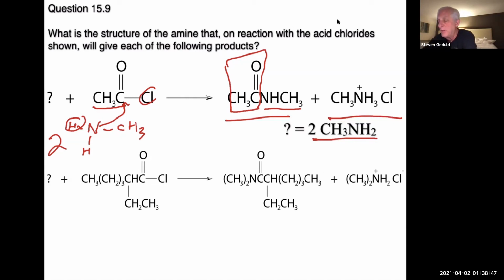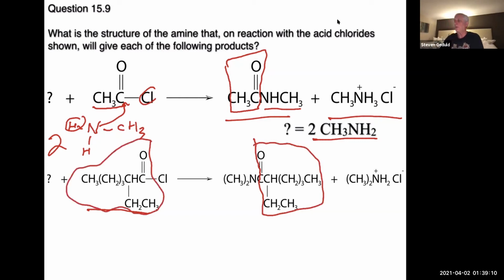Look at the second one. This is our acid chloride, CH3, CH2, CH2. Here's your acid chloride right there, that's this group right here. So what are we adding to it to form an amide? We're adding dimethyl groups to it, right?